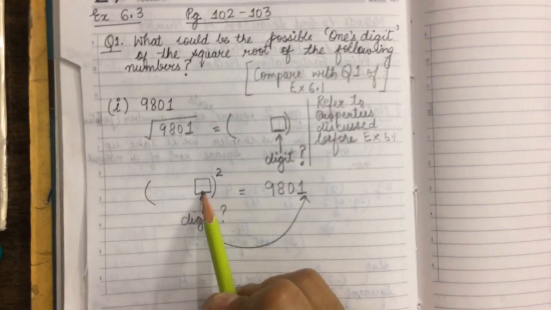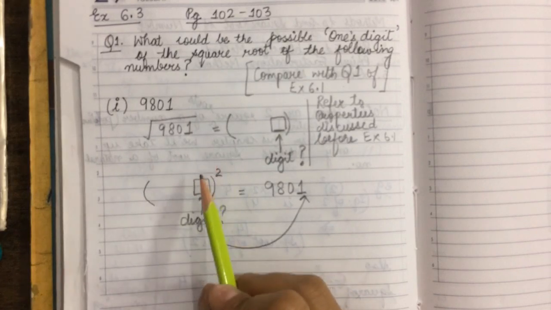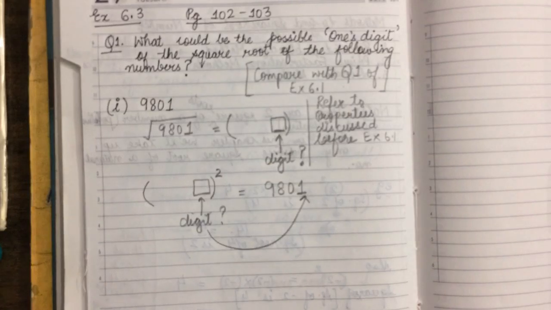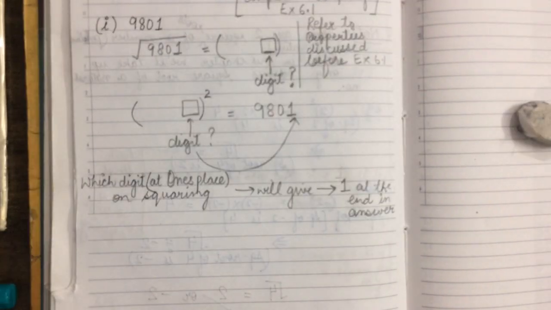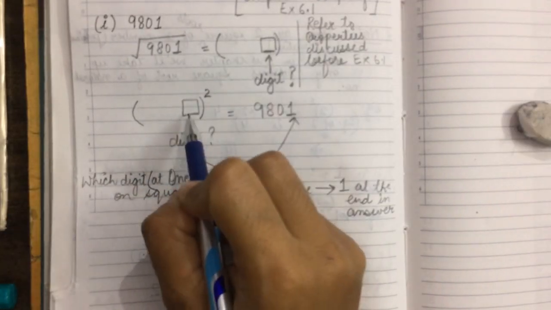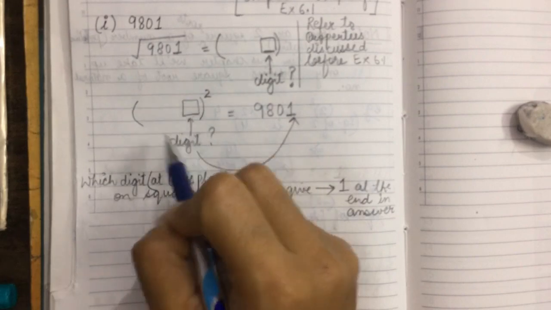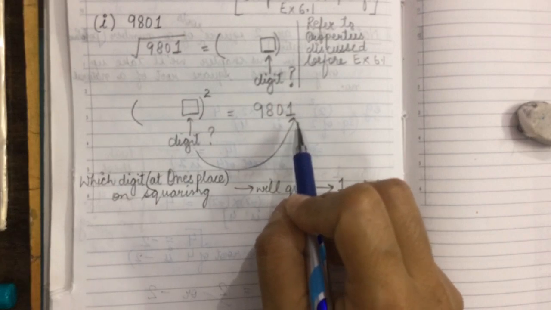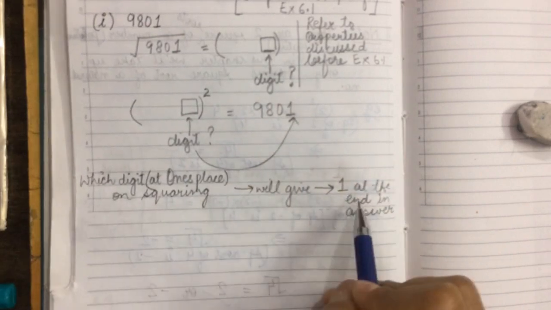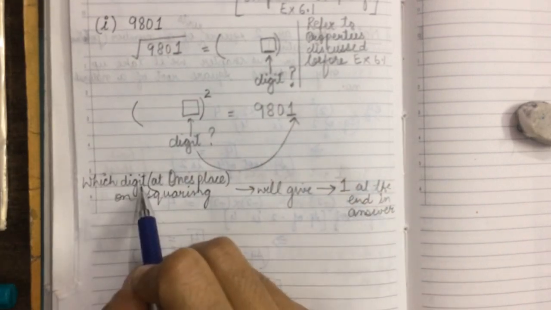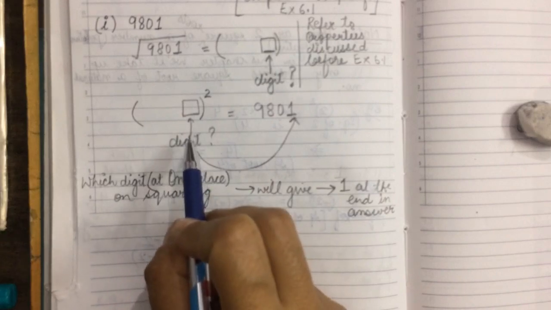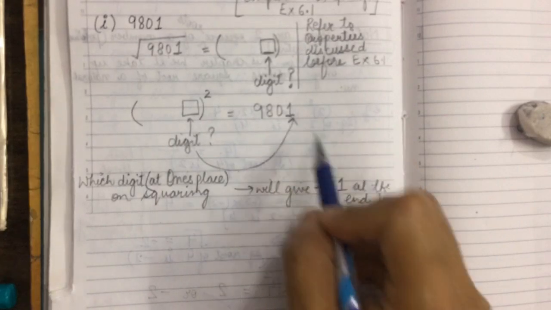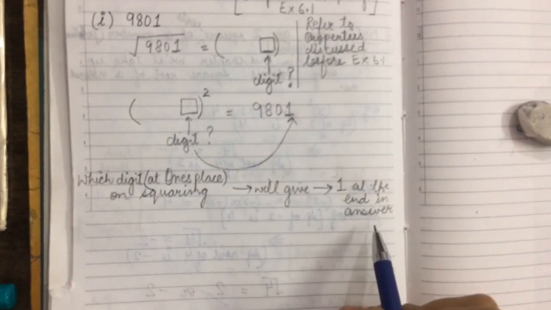So which digit at the end on squaring will give me 1 at the end? This is what I am looking for. Which digit at ones place, at last place, on squaring will give 1 at the end in the answer.